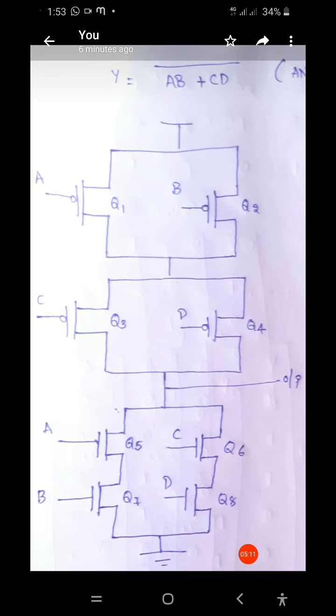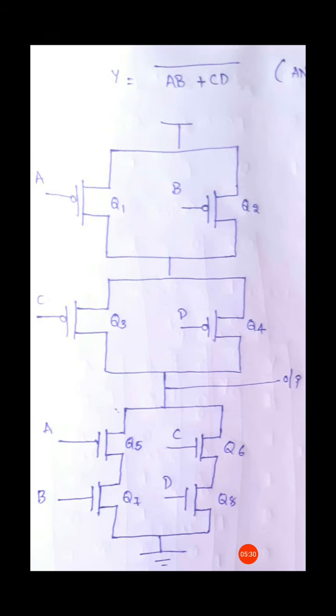Here, there are 4 input variables, so it has 16 possible conditions. For 2 inputs, it has 4 possible conditions; for the 4 inputs I have taken, we have to take 16 possible conditions.